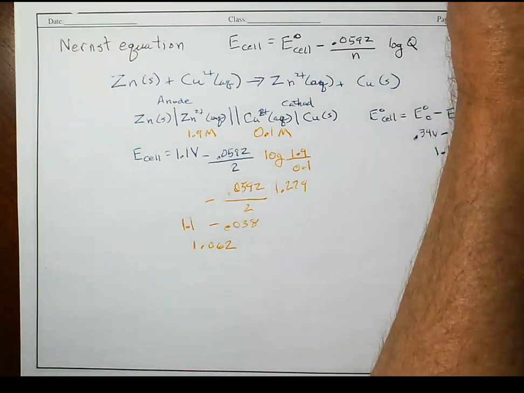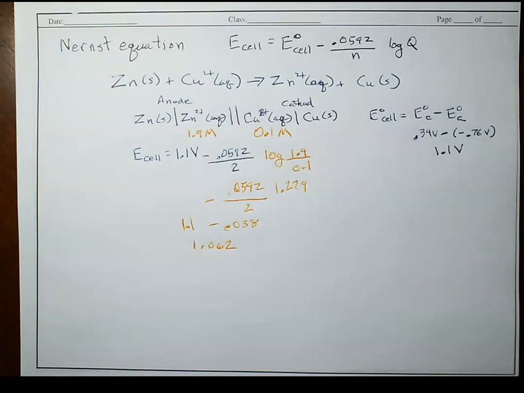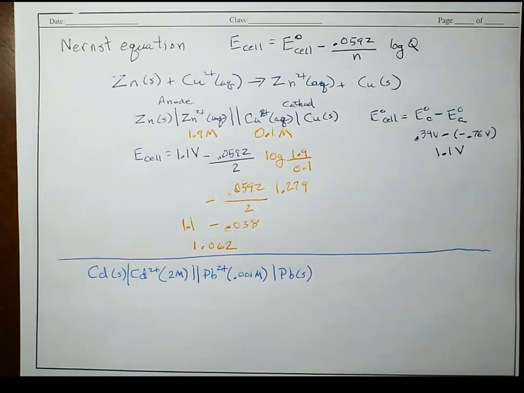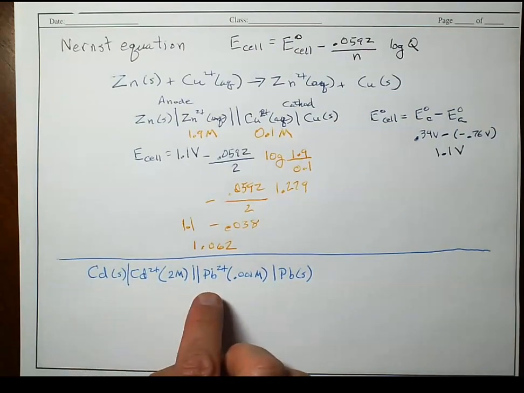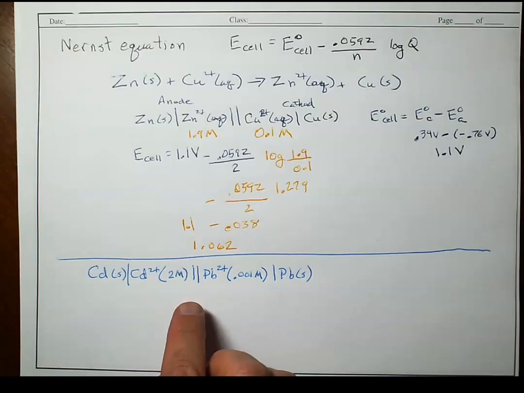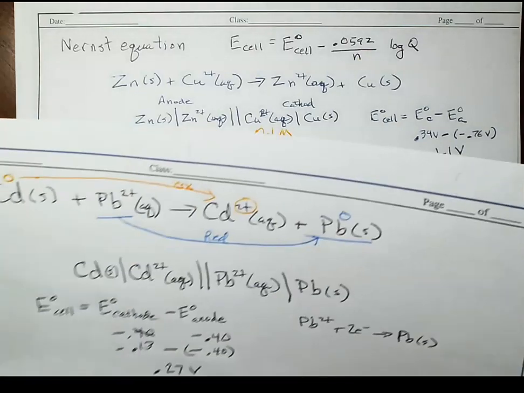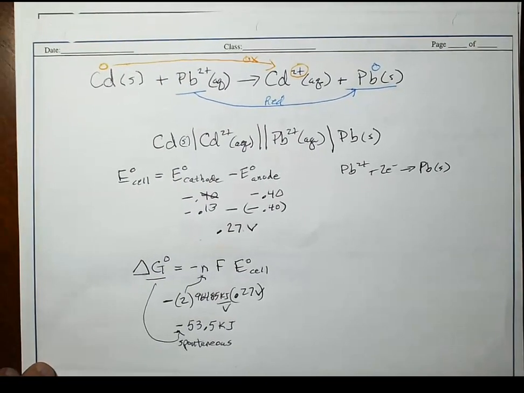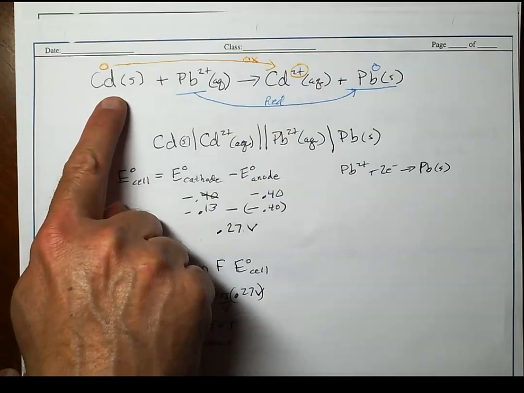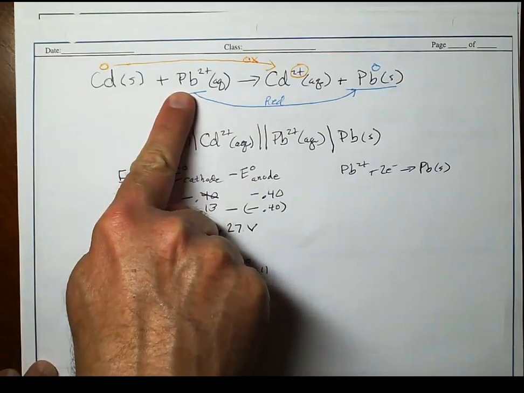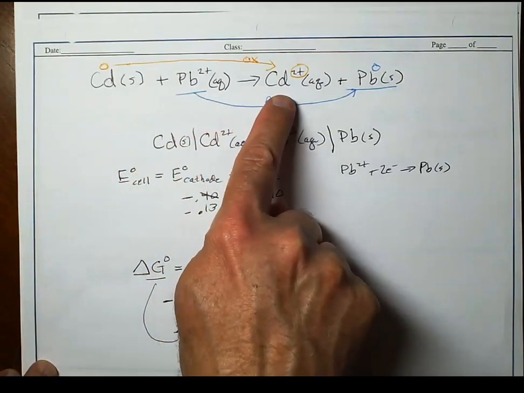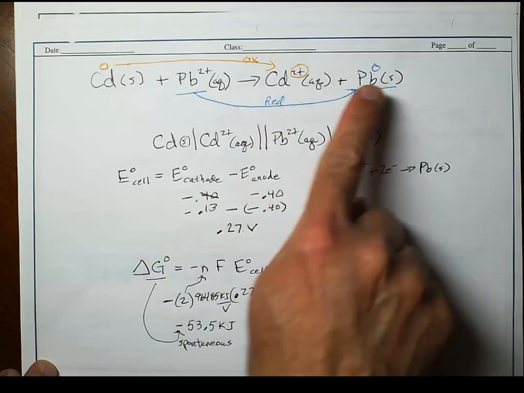Now let's do another example. Okay, so for this example, we have the cadmium cell, the lead and cadmium cell that we had looked at earlier. In fact, here are the calculations we had done earlier. The cadmium reacts with the lead 2 ions to produce cadmium 2 ions and lead.